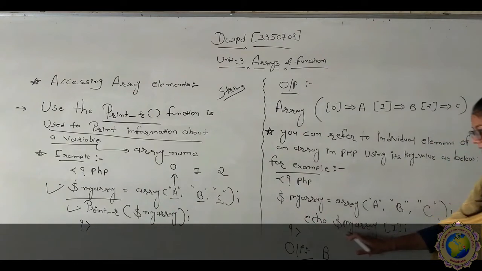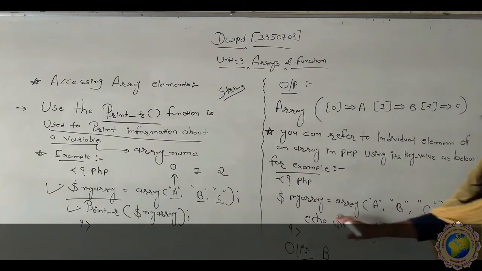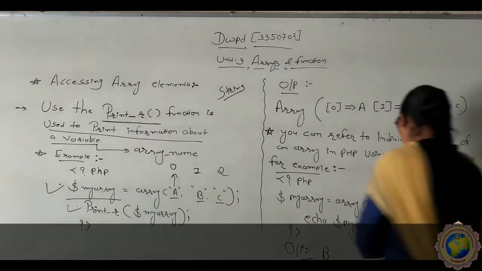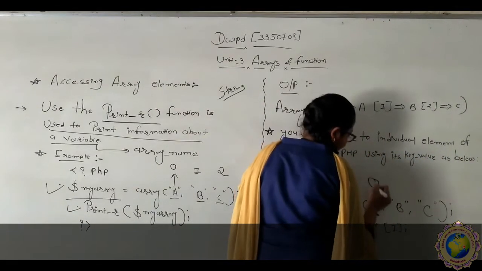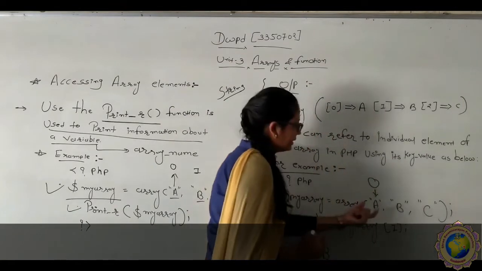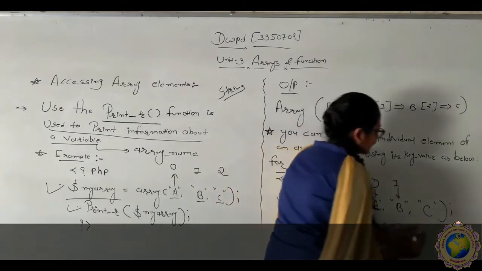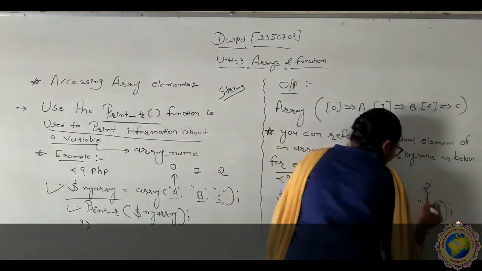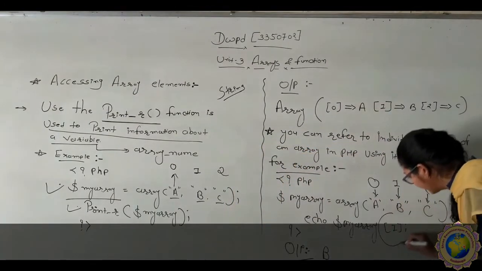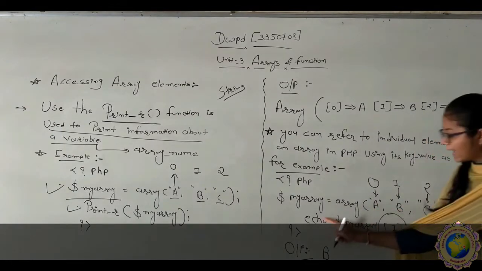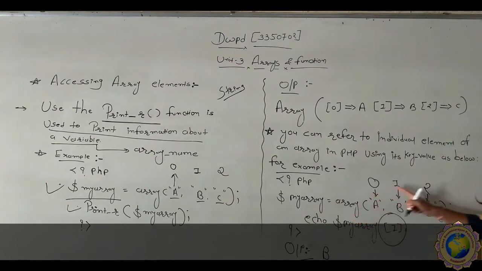Because here I declare the statement using echo, the output is $myArray[1]. Here the index of A is 0, the index of B is 1, and the index of C is 2. So here it prints index 1 of the array myArray, so the output is B.